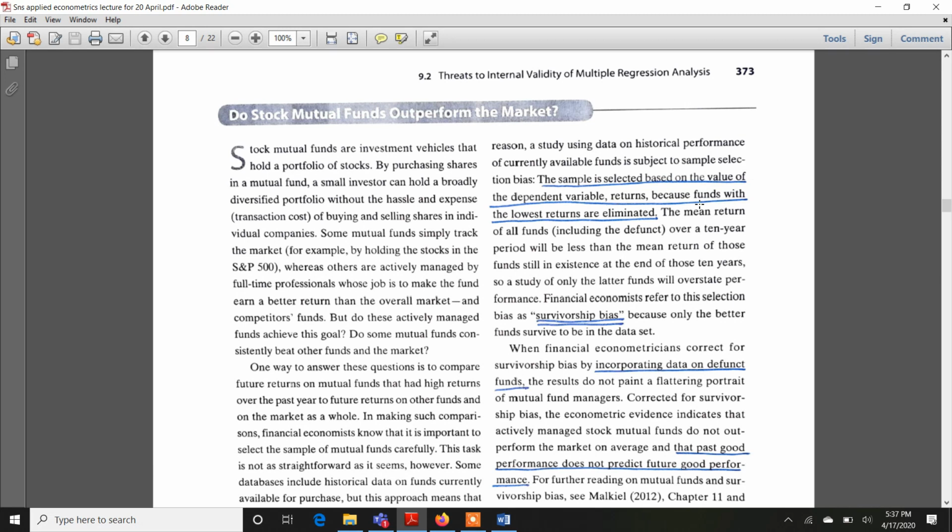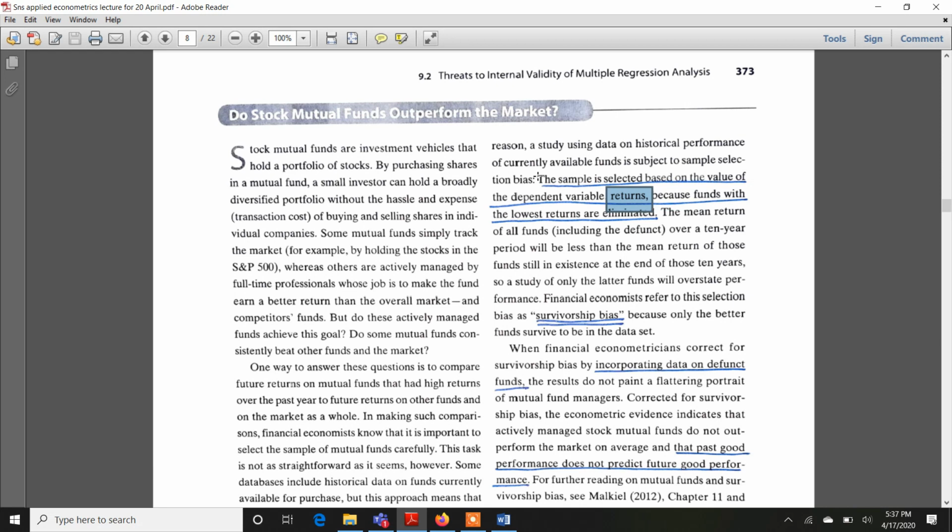Because the dogs, the funds with the lowest returns, were eliminated, right? So the dependent variable is return. We are analyzing the determinants of stock returns. But the companies or funds that had the lowest returns got eliminated out of the market.